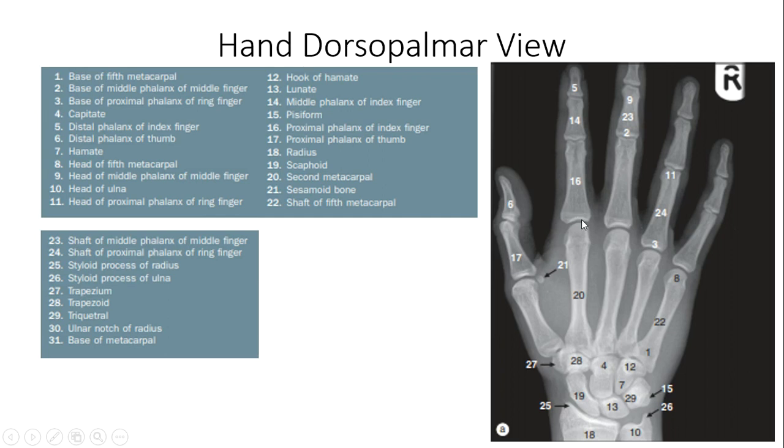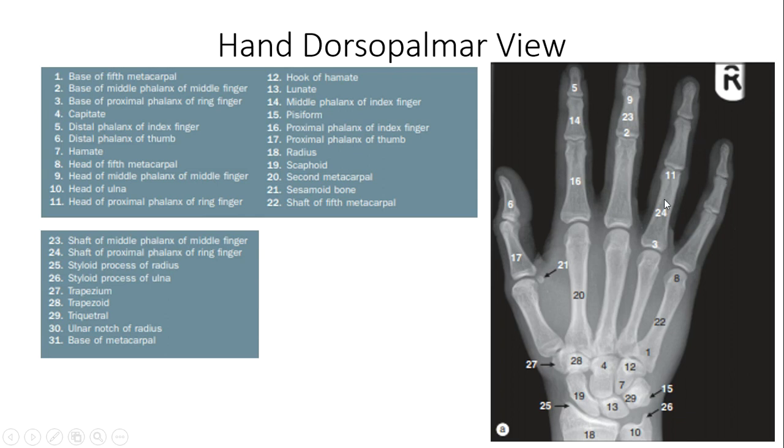The joints between the proximal and the middle phalanx are called proximal interphalangeal joints, and the joints formed between the distal phalanges and the middle phalanges are called the distal interphalangeal joints.